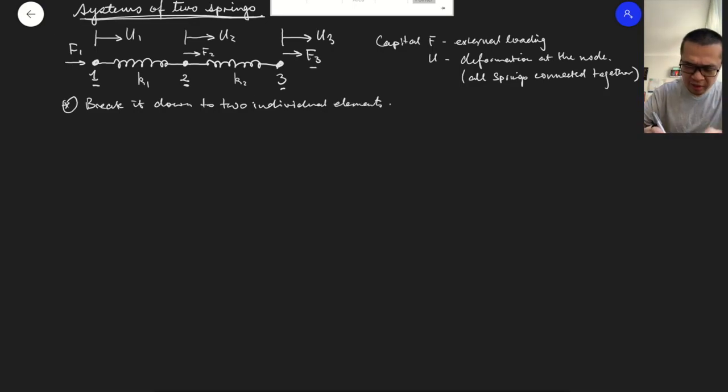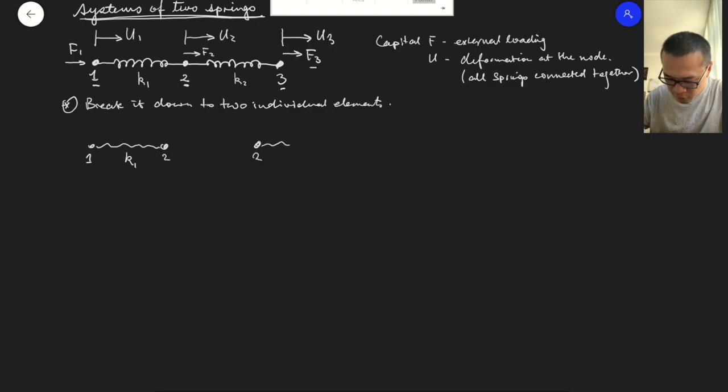In this case, we will have node 1 connected to node 2 with little k1, and node 2 connected to node 3 with spring constant k2.